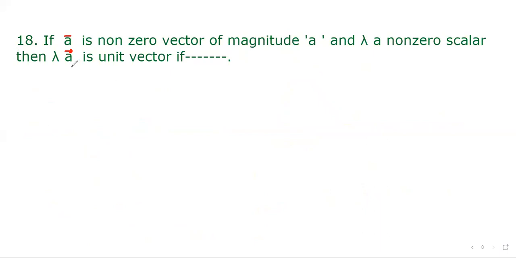Now let's see the next question. If vector A is a non-zero vector of magnitude A, and lambda is a non-zero scalar, then lambda A is a unit vector if.